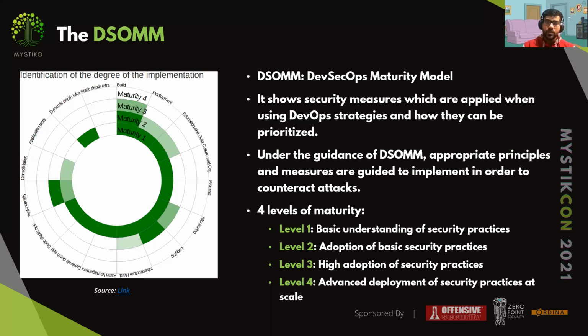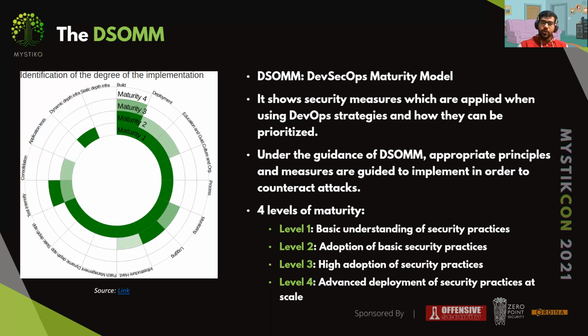It is just a Google search away, and the first thing you will notice is a spider chart with a lot of elements, as we've included in the slide, from building to deployment to logging to application tests. These are all practical stages of the DevSecOps pipeline, and hence are the stages of the maturity model itself.